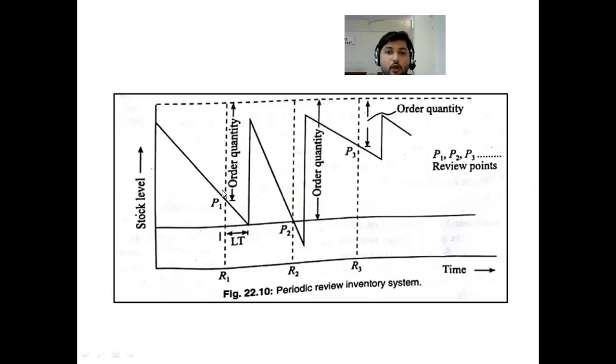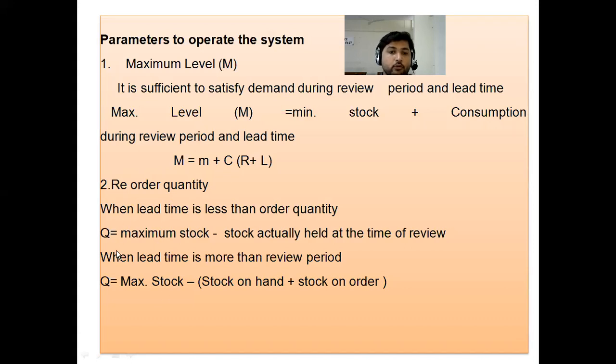So this much stock you need to order over here if lead time is less than the review period. So Q is equal to maximum stock minus stock actually held at the time of review.